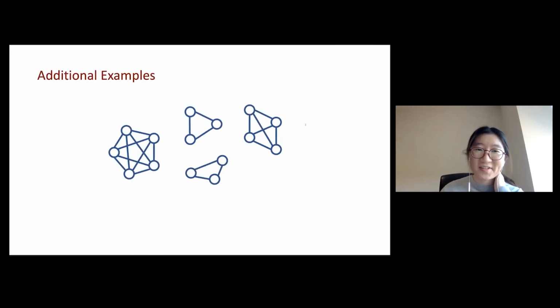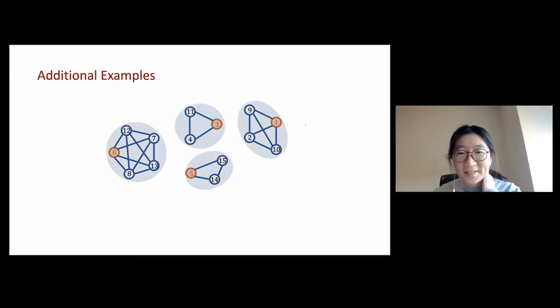And here are some additional examples. If, again, the input graph is a disjoint set of cliques, then no matter how the ranks of vertices look, the output clustering of both R-pivot and pivot will be the same.